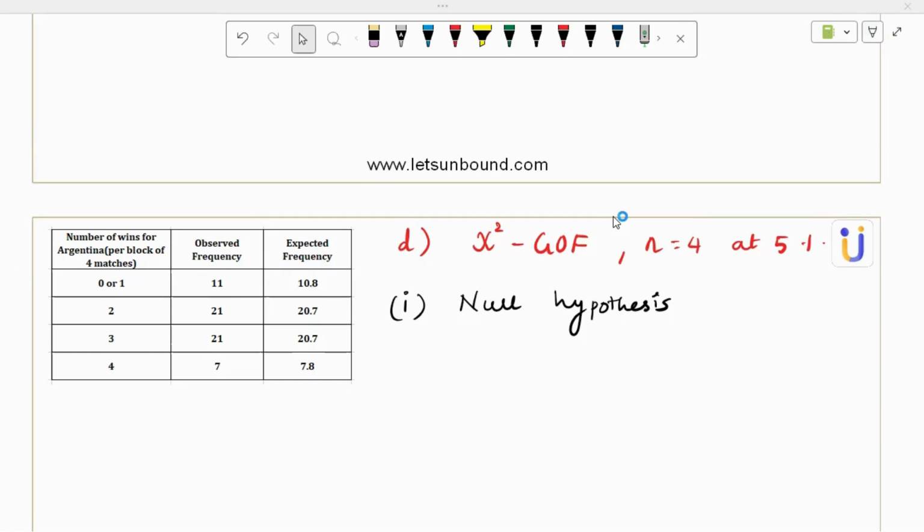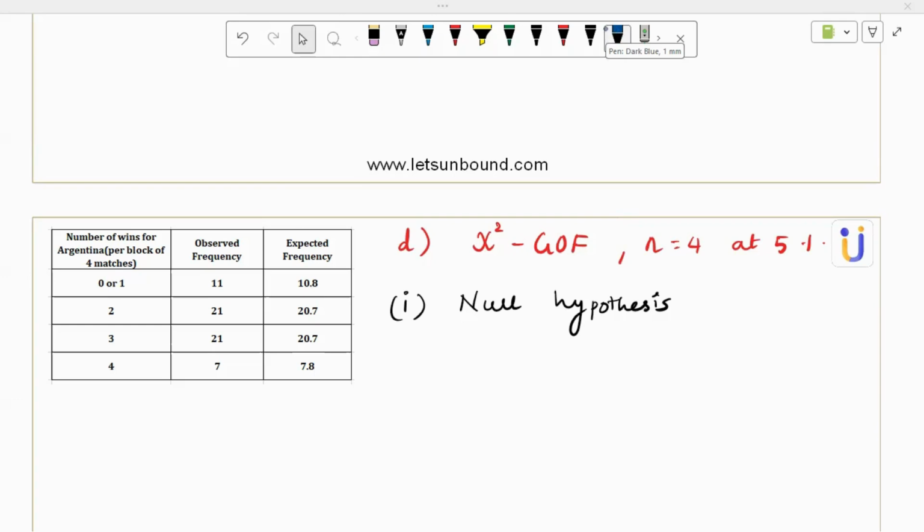So now we need to write the null hypothesis under this condition, then number of degrees of freedom, p-value, and our conclusion on this test. So they clearly state that the test is conducted to test the hypothesis that data follows a binomial distribution with n given at 5% significance level.